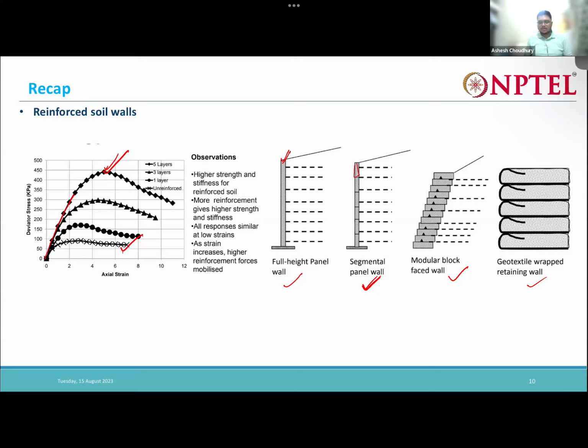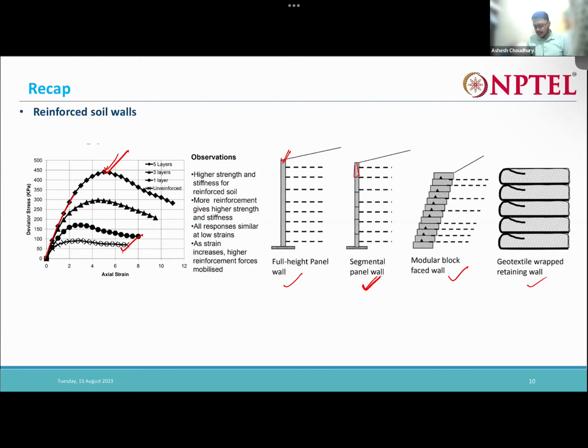The third is the modular block wall. We already discussed it. These are small brick-like blocks, heavy blocks, obviously much larger than bricks. We keep placing them one over another, and we place the geosynthetic layer between these layers, and in that way we construct this wall.